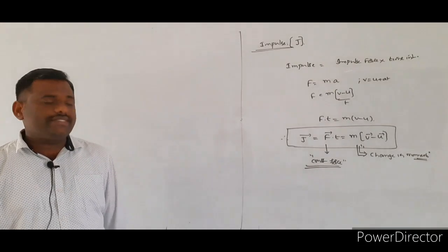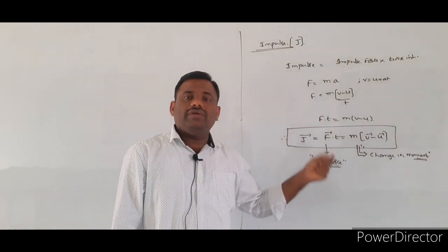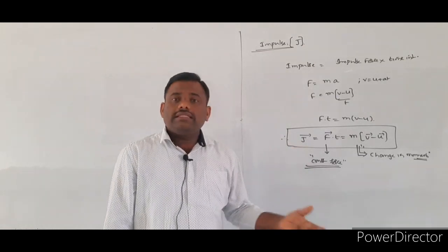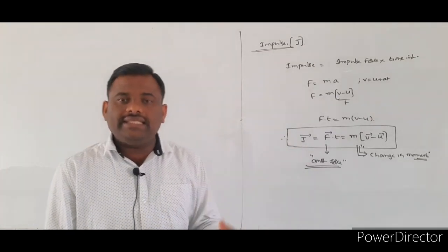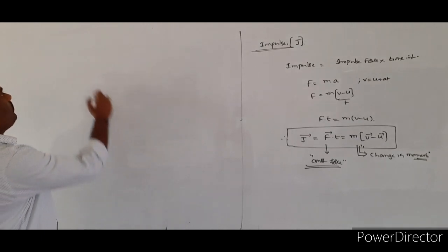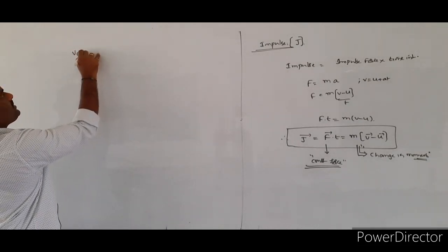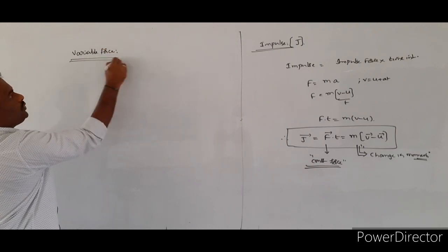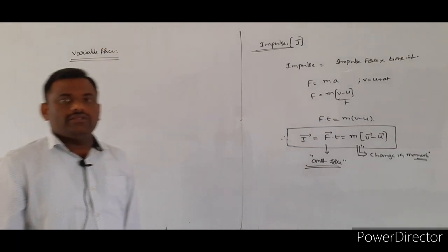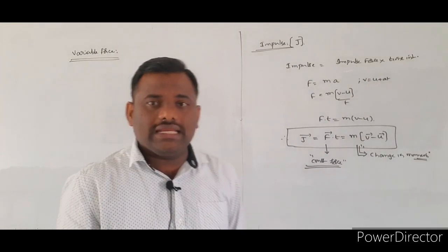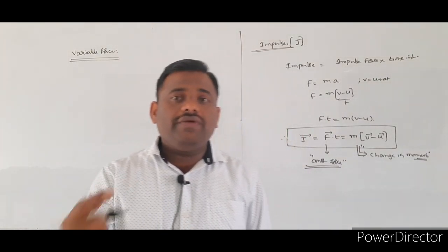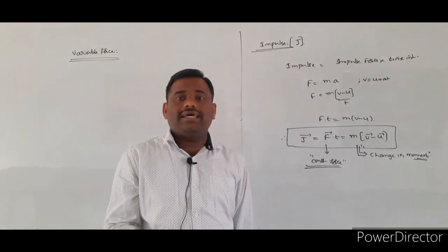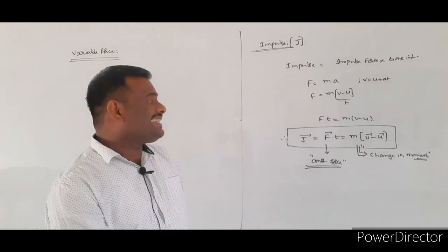What is the meaning of constant force? Its magnitude is constant. If the magnitude of the force changes, such a force is called a variable force. For a variable force, we have to calculate the impulse differently.